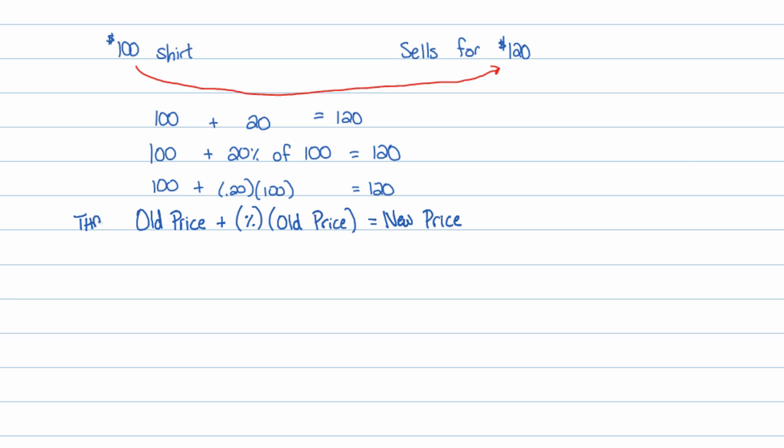Well, okay, it's not much of a theorem, and you might see it in some textbooks and might not see it in most. But this is like a markup theorem. This is when you're doing a percentage markup. That all markup problems kind of have this feel to them. They have an old price plus a certain percent of an old price will become the new price. You could do this with any type of problem. And in fact, we'll go ahead and do this with the problem that we've been given.